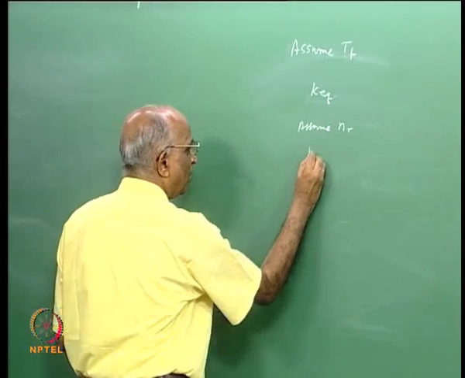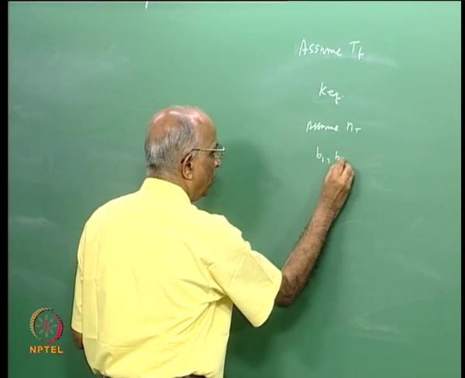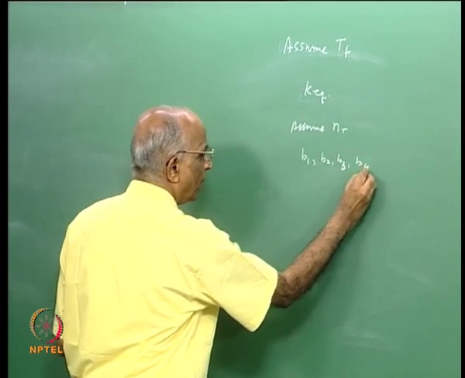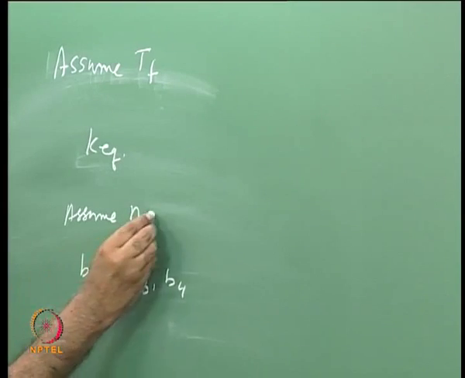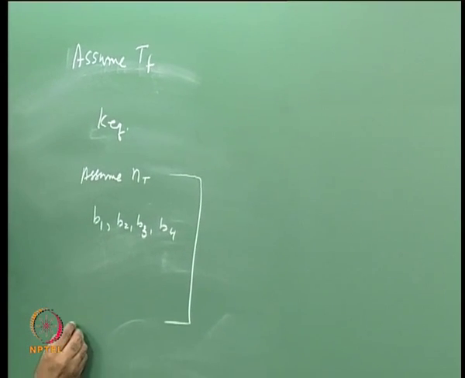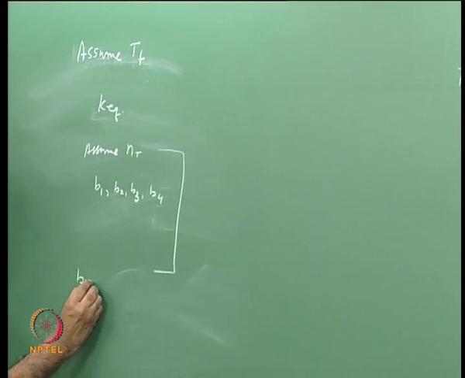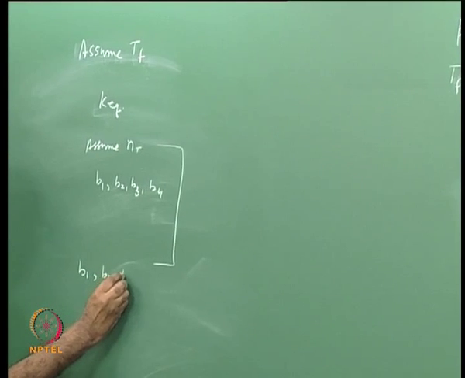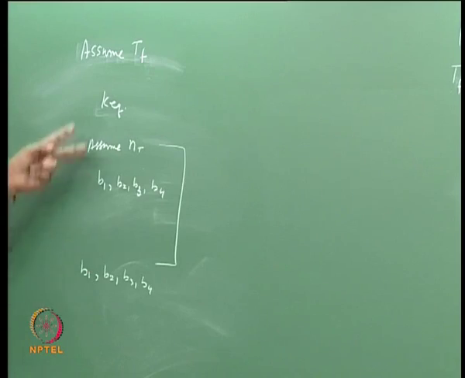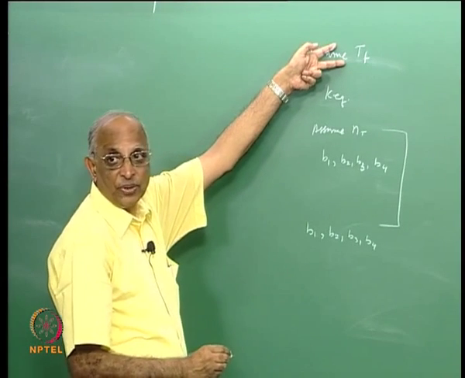Then I calculate the values of B1, B2, B3 and B4. Then I check whether the assumed value of NT is correct, therefore this must first converge, and then I get the correct values of B1, B2, B3 and B4, provided that at this particular temperature.